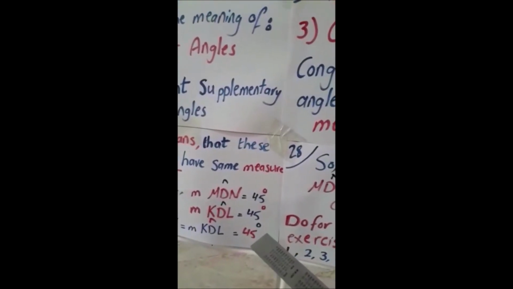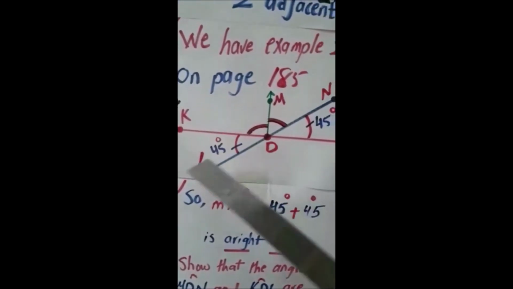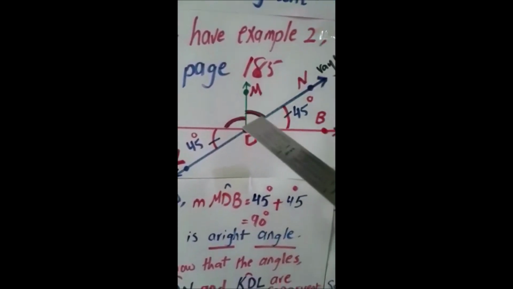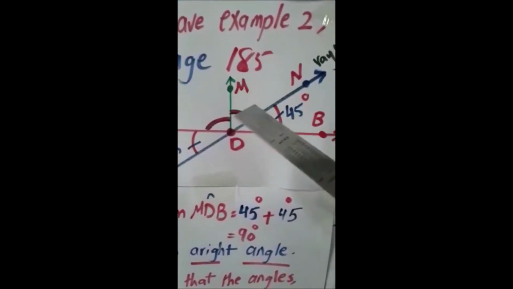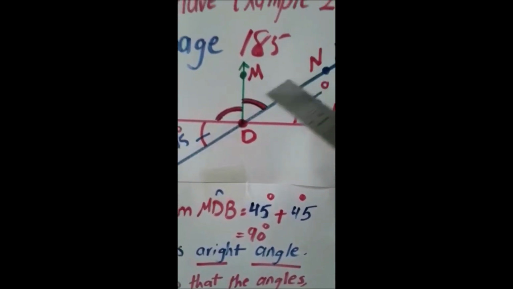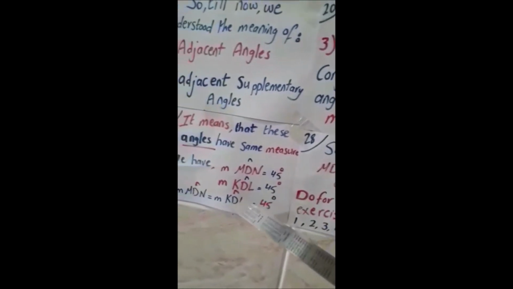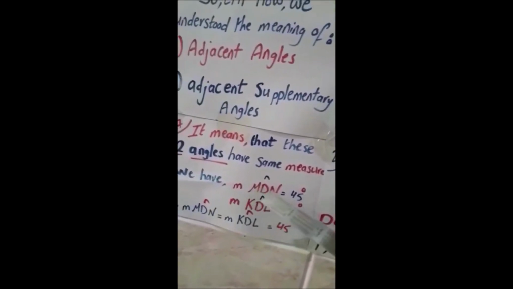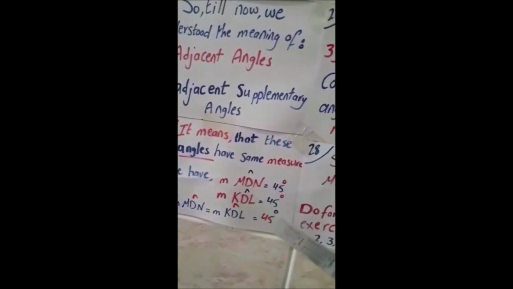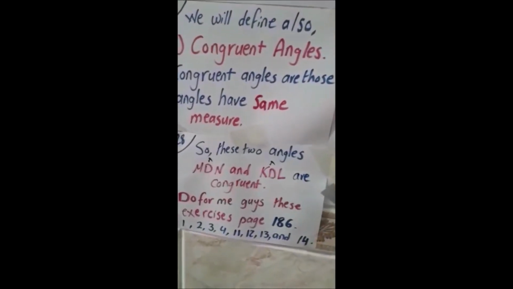And already, if you go to the graph, it's given that KDL is 45. So as you see here, guys, we have 45, 45. So it's obvious that the measure of angle MDN equals the measure of KDL equals 45. So these two angles MDN and KDL are congruent.